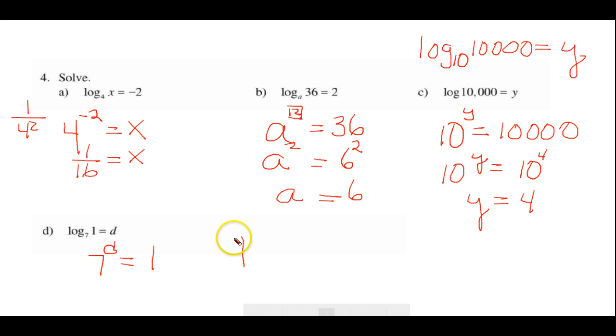It'd be 7 to the d power, and I'm going to just give this away, 7 to the 0 power. Because what is anything to the 0 power? It's 1. So this 1 I can make into 7 to the 0 power. Now that my exponents equal each other, d equals 0. And that's the answer.